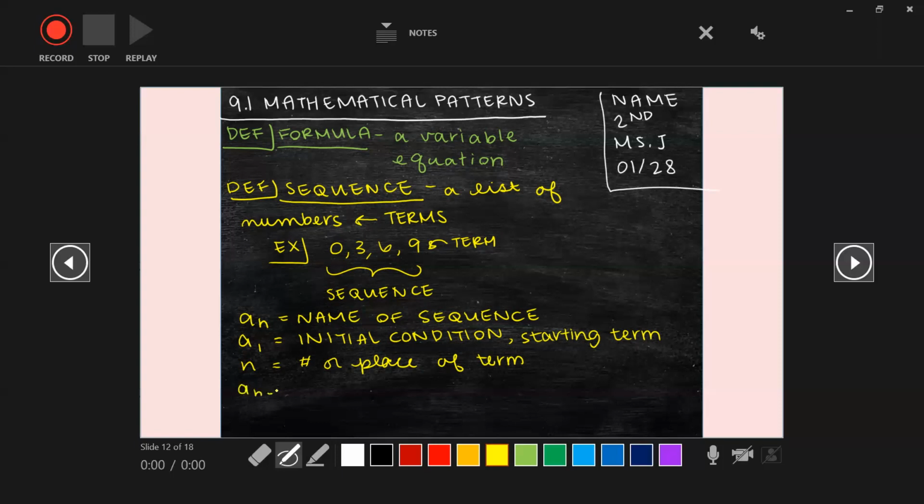And A sub n minus 1 is going to be called a consecutive term to A sub n. This is all going to sound very foreign until we start doing some of the problems.